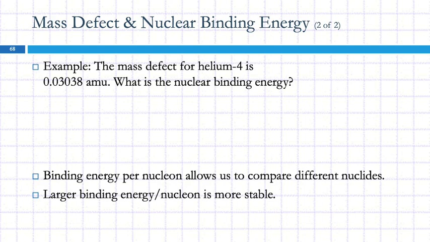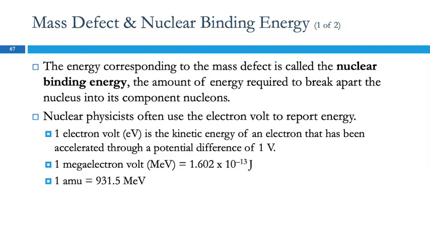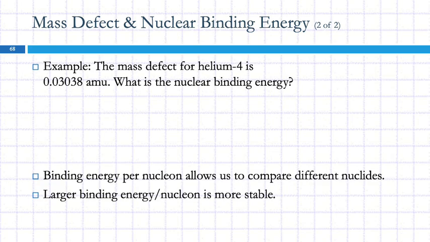So what's the nuclear binding energy? Well, we just learned that one atomic mass unit is 931.5 mega electron volts. So this is a relationship between mass and energy.